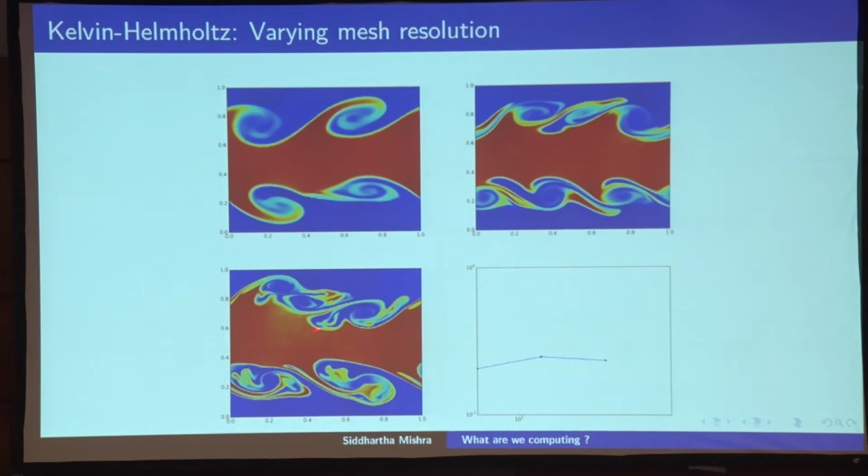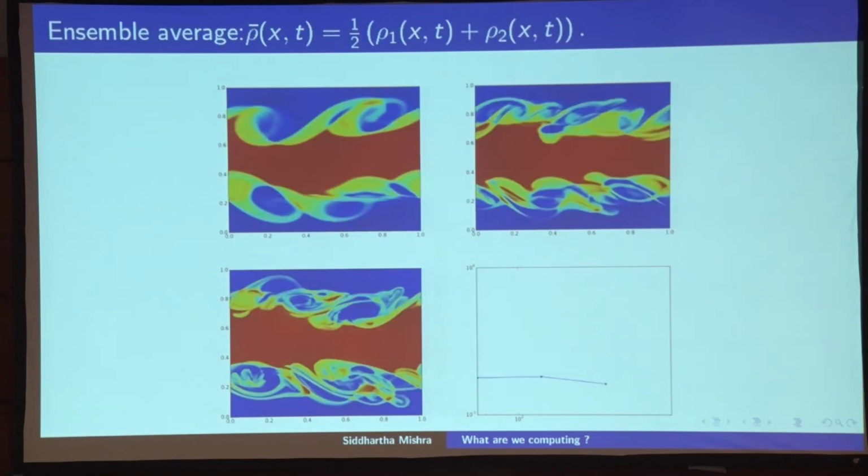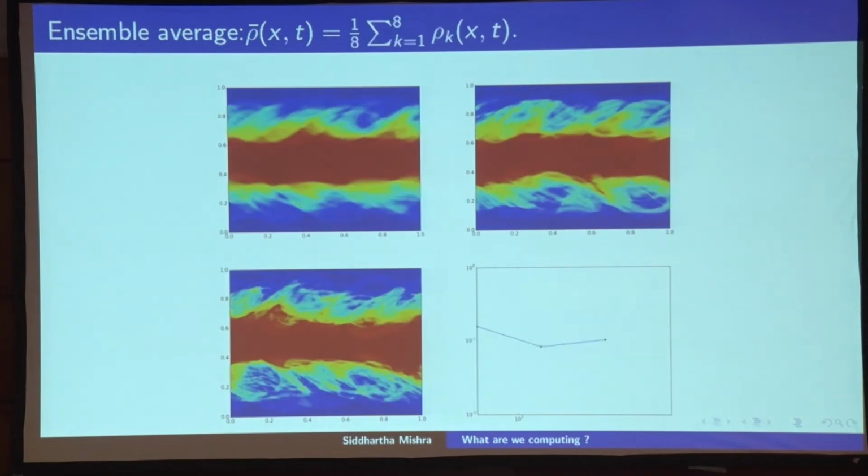So remember that if I had a single realization, a single example, I had no convergence. When I take two of these tiny, tiny perturbations and average them, there's some averaging, but there is no convergence. When I take 8 of them, I start seeing some of the small structure being averaged out, but still there is no convergence.